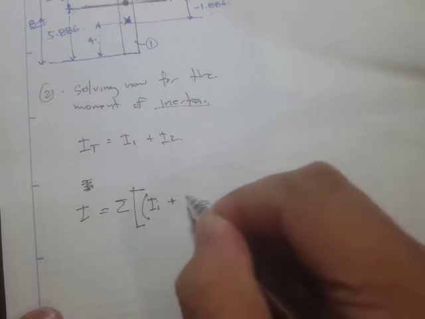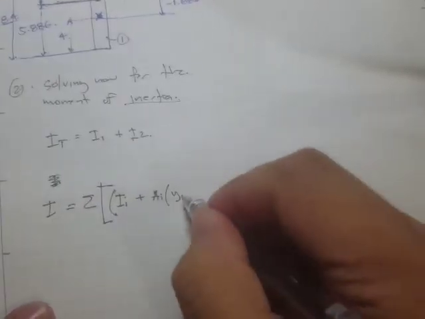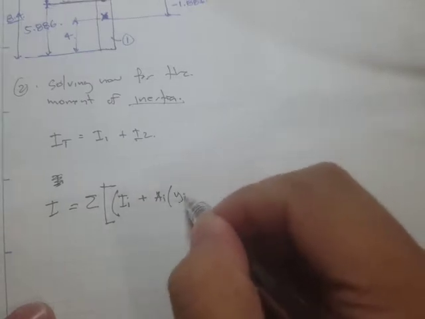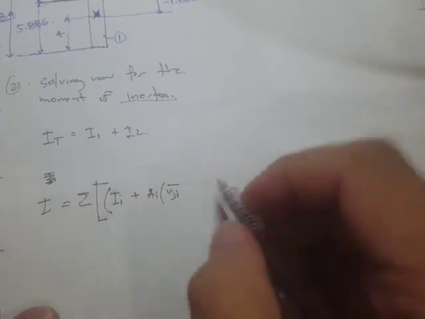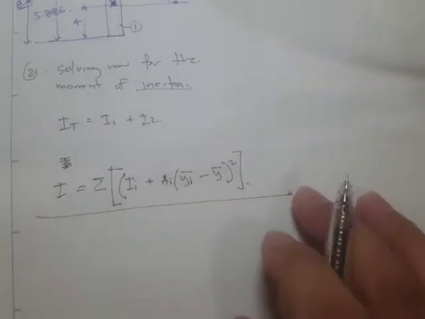So plus the area I times the distance to the centroid, y bar squared. Okay, so here's going to be the working equation.